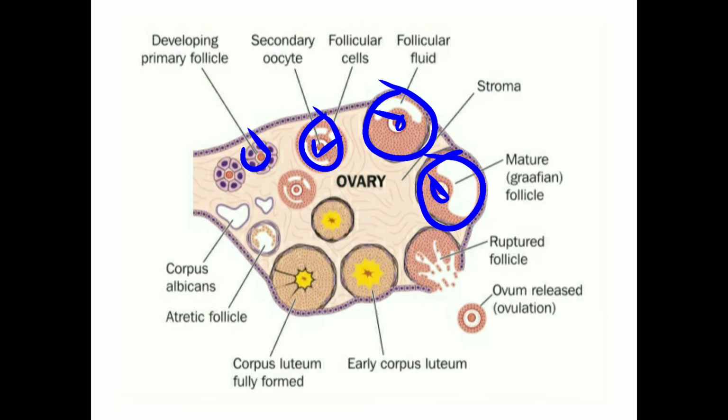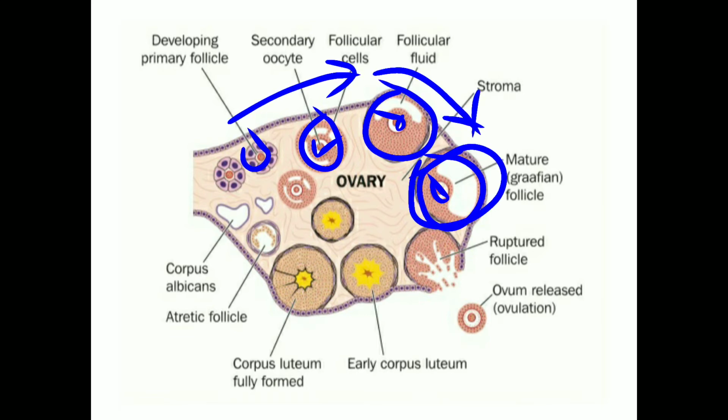The ovarian follicles of various stages of development become mature. This is a mature Graafian follicle, rupturing and releasing an ovum into the peritoneal cavity.